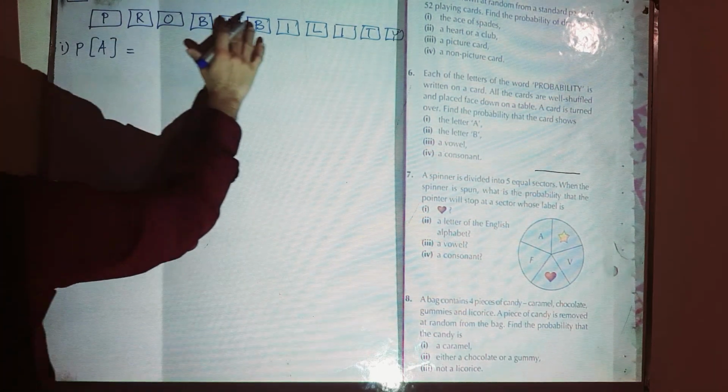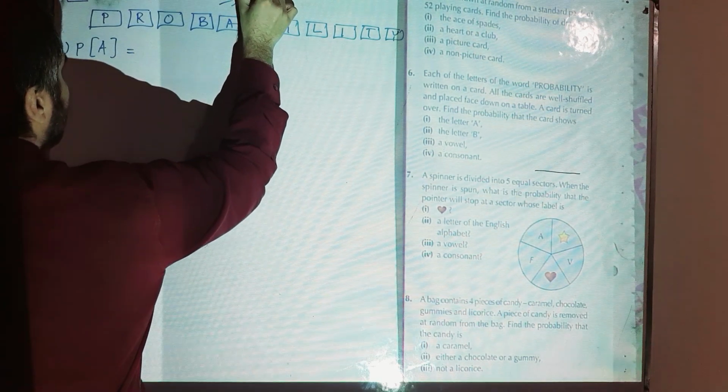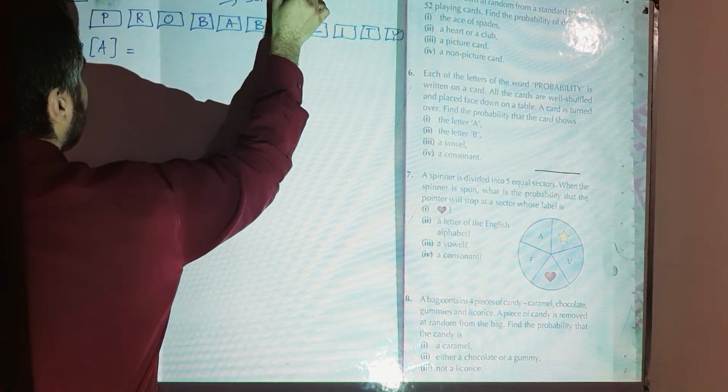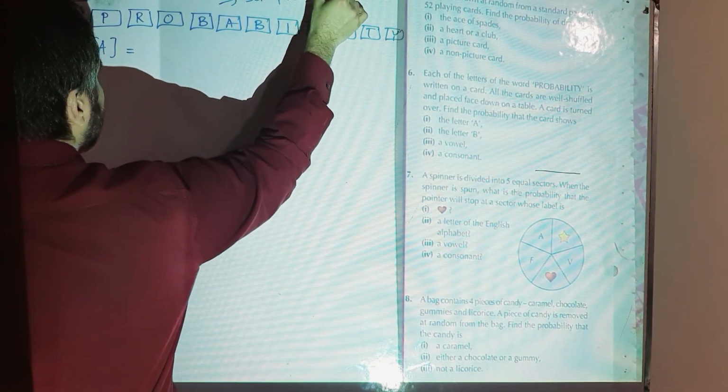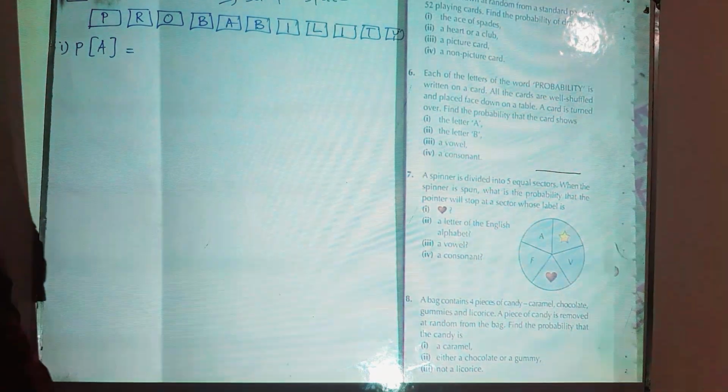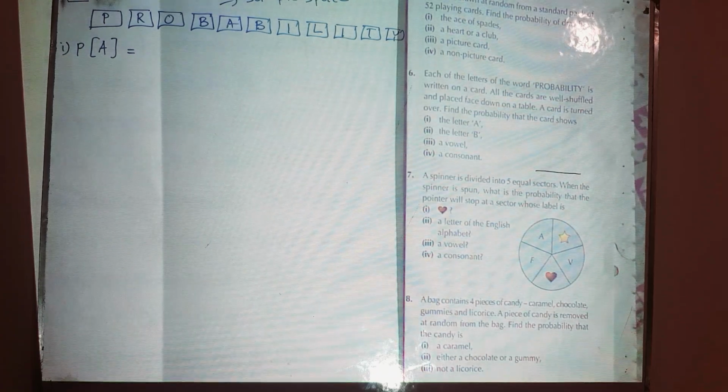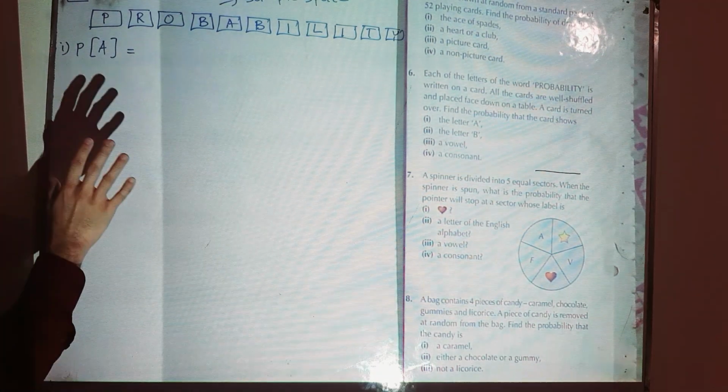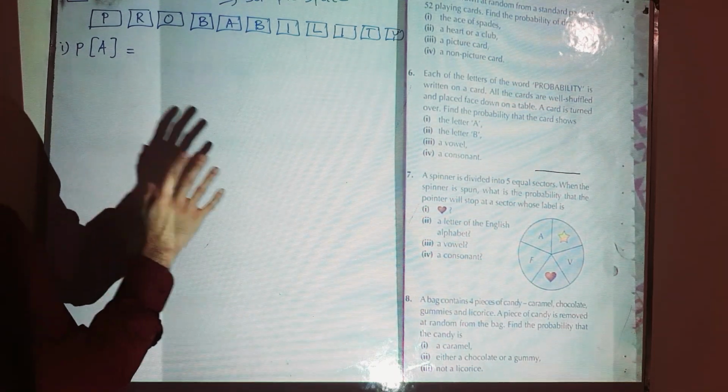Okay, let me tell you, this is our sample space. As I have discussed in my previous class, the sample space is the collection of all the outcomes in a probability experiment. Now in this sample space, how many cards have the letter A?